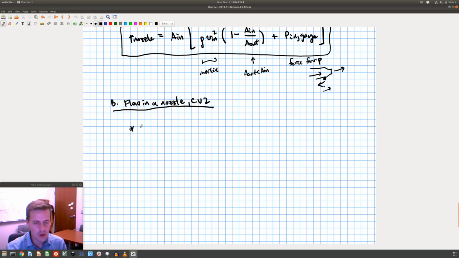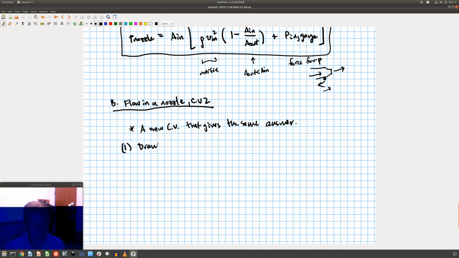The control volume I used is not the only one you can pick to solve this problem. So I'm going to do a new control volume that gives the same answer. It's a little bit subtle, so I wanted to talk about this one.